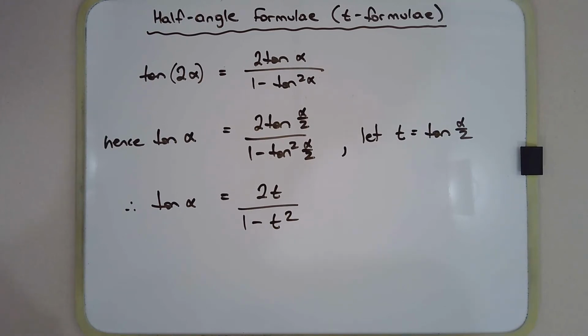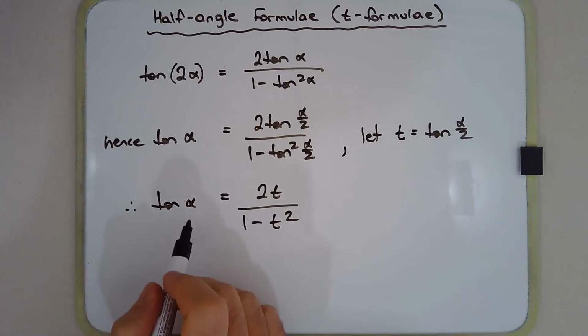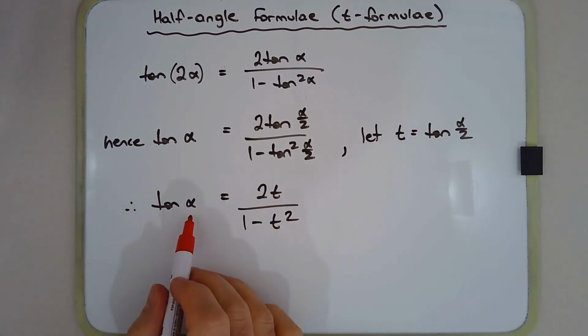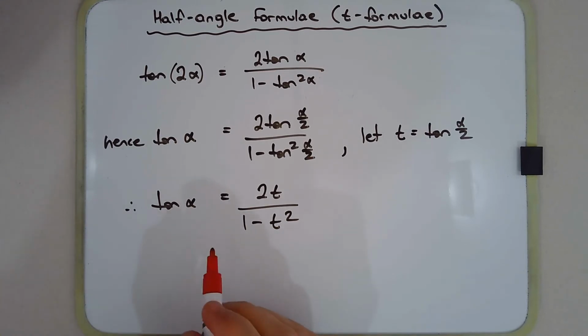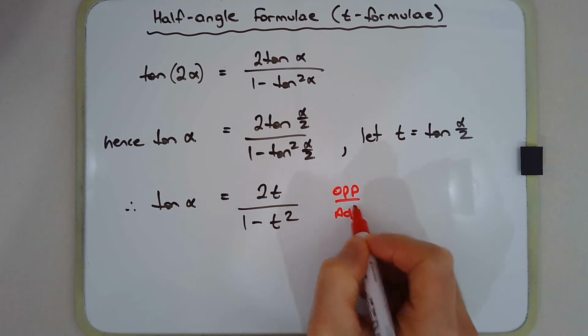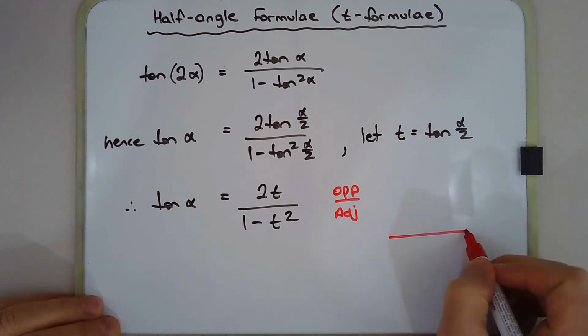Now we need to look at deriving the formula for sine of alpha and cos of alpha. But before we do that, let's think back to fundamental right angle trigonometry. So tan of an angle, tan of theta or alpha, whichever, is the ratio opposite over adjacent in a right angle triangle.